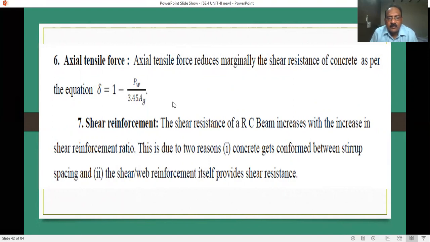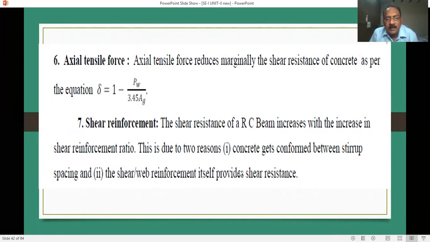Seventh one is shear reinforcement. We have to provide shear reinforcement by means of stirrups. There are vertical stirrups, bent-up bars, and inclined stirrups. If you provide vertical shear reinforcement by means of vertical stirrups, we are going to learn that, and we'll do problems also. When you design a beam, you have to check for shear reinforcement and provide vertical reinforcement.